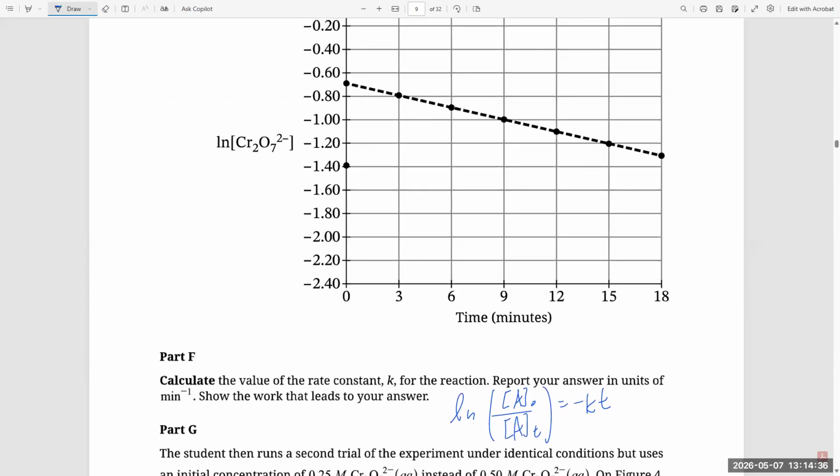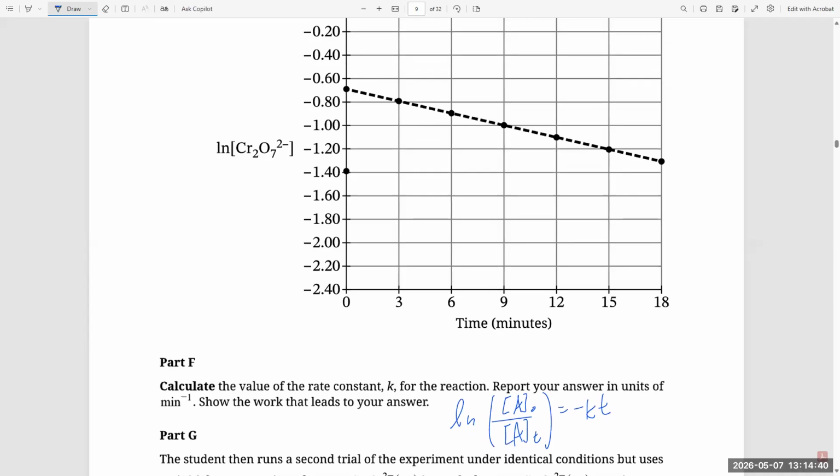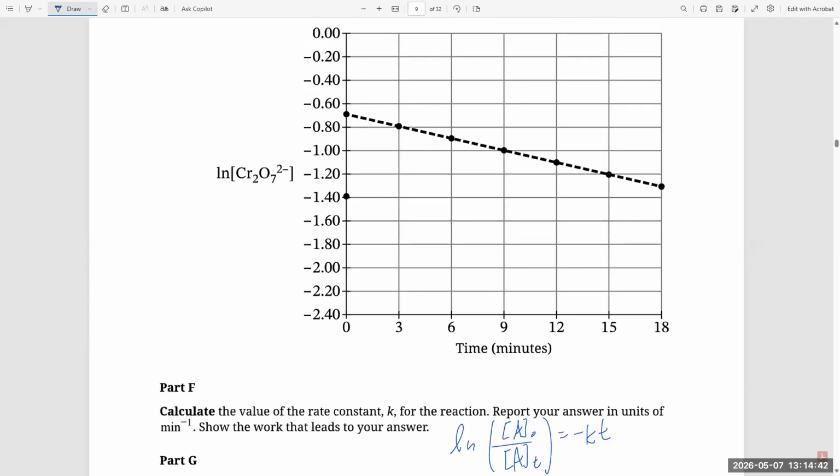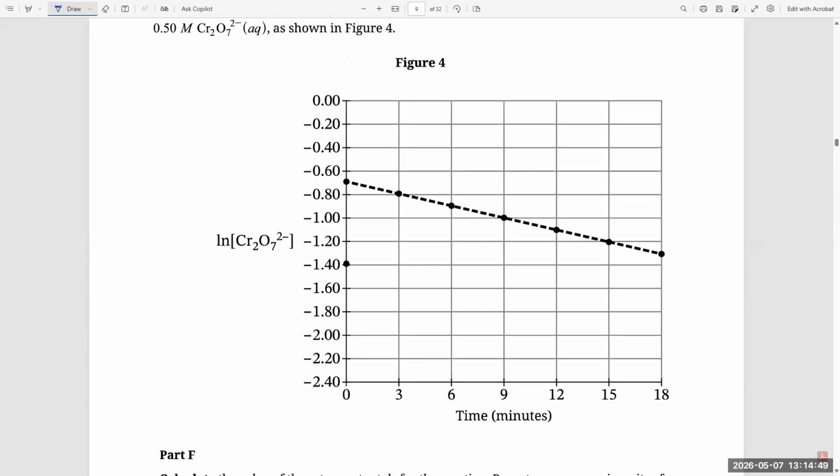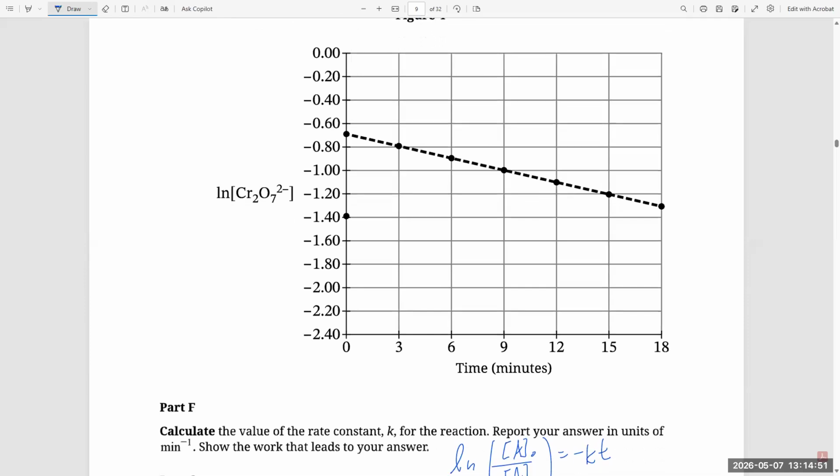Do we have A naught? Yes, we do. Where are we at? Did they give us the values? No, you have to figure it out. All right. Oh no, but we have this, right? So at 0.5, from the other problem, what do we got?